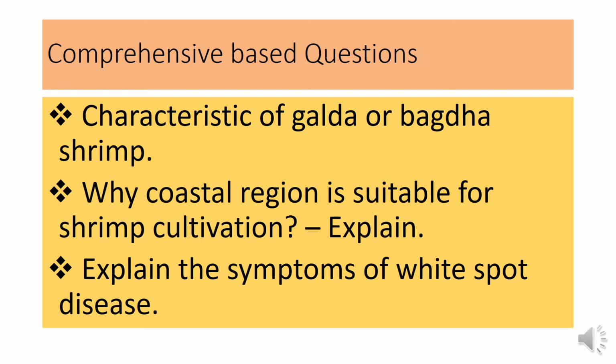After 30 to 45 days of fry stocking, this disease may appear. These are the main symptoms of white spot disease. And white spot disease is a viral disease. That's why if it appears in shrimp farming, it is very harmful for farmers.